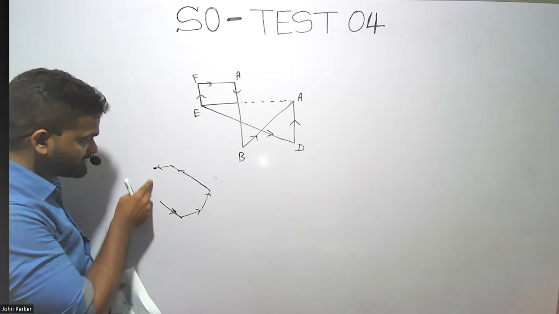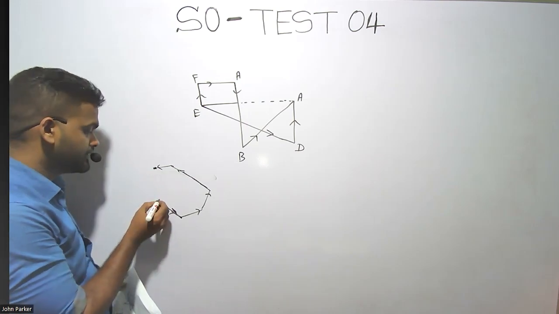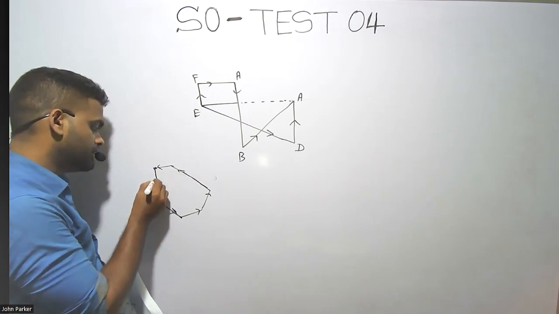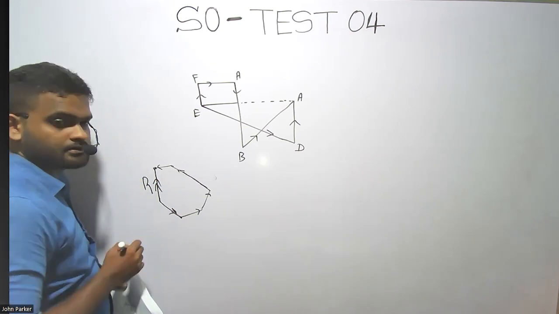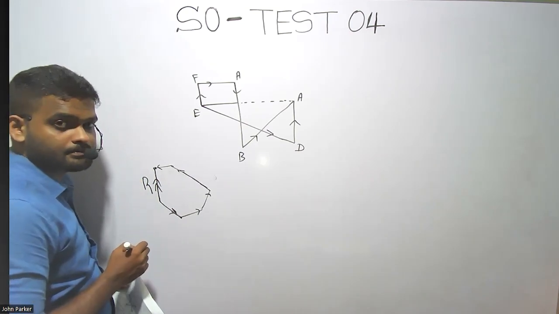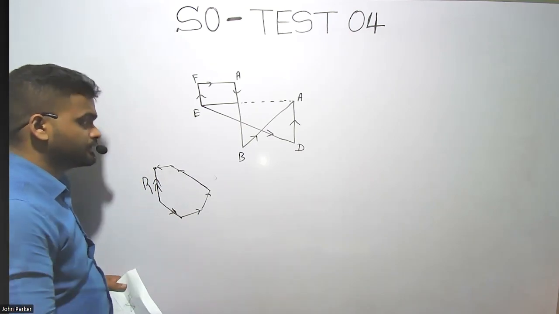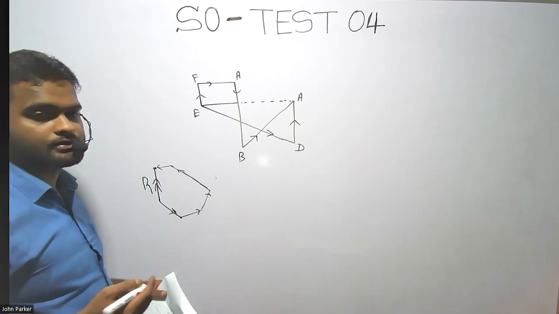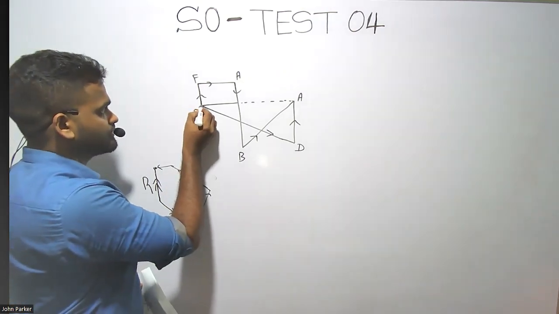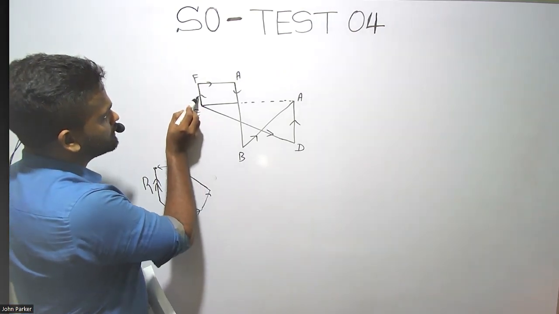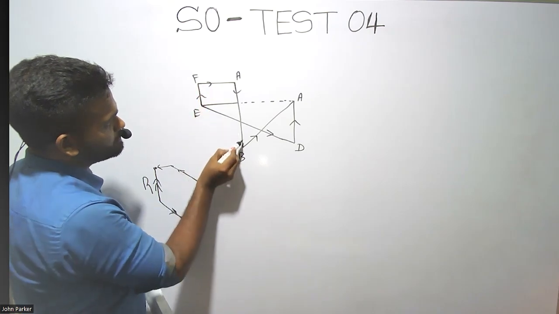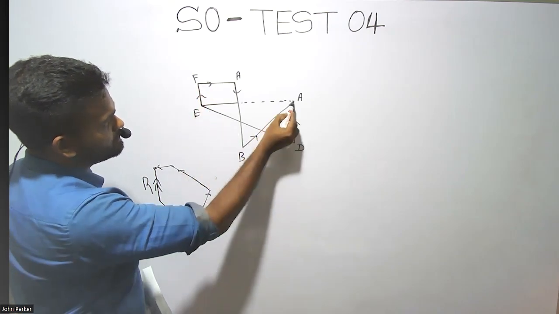That remaining side to be completed should be the resultant vector. That is the polygon method, right? Here as well you can use that. This is an easy question, right? So EF, FA, AB, BC.